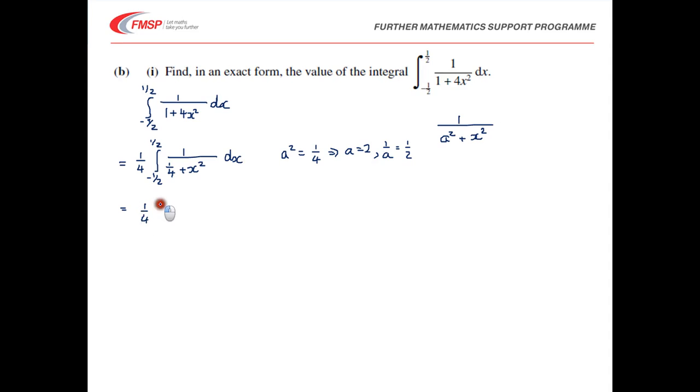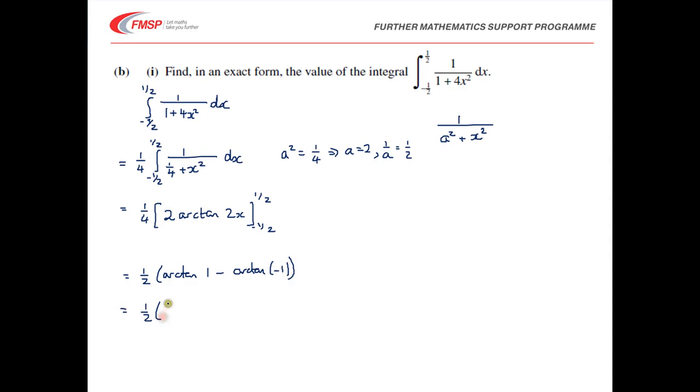So, using the formula in the formula book, that's just 2 arctan 2x, from minus a half to a half. That's 2 times (arctan 1 minus arctan minus 1).